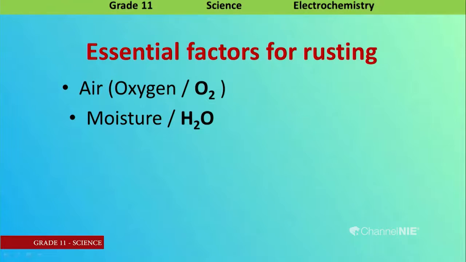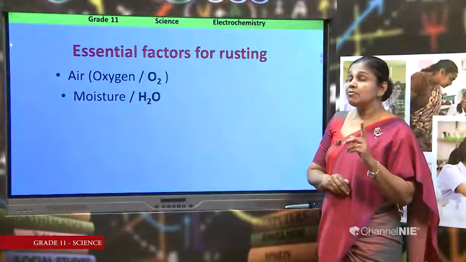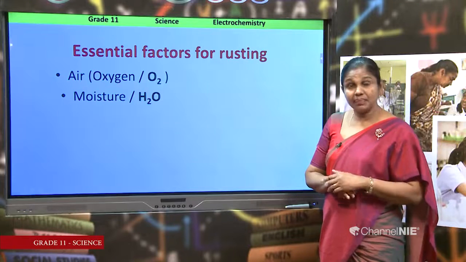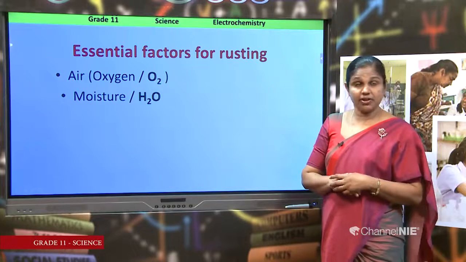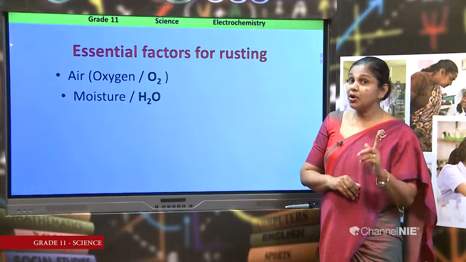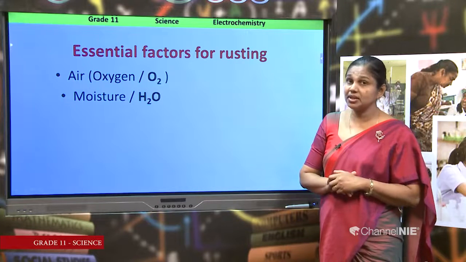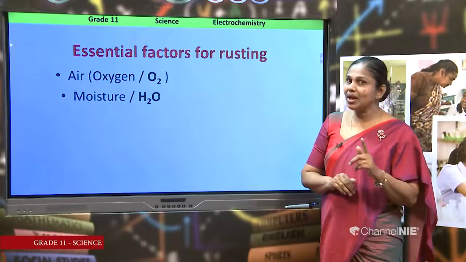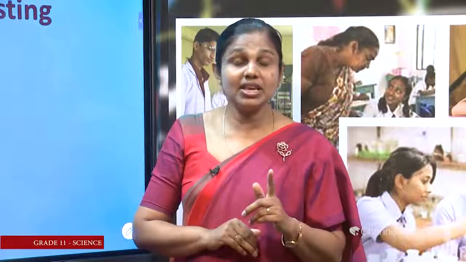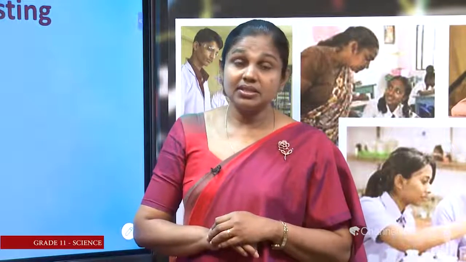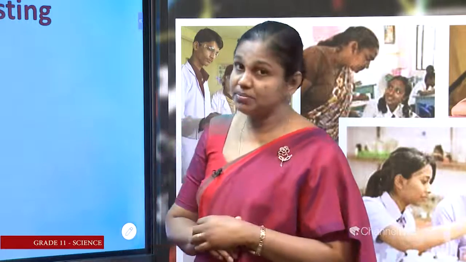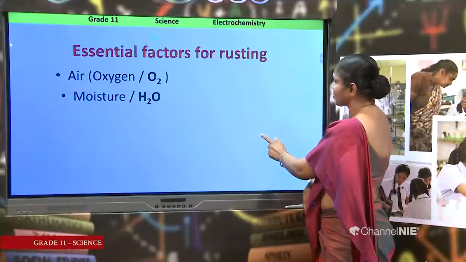There are some simple activities that can be done in our lab to find out whether air is needed for rusting and whether moisture is needed for rusting. Okay, now we are going to do this activity really and see the relevant observations. Okay, right.